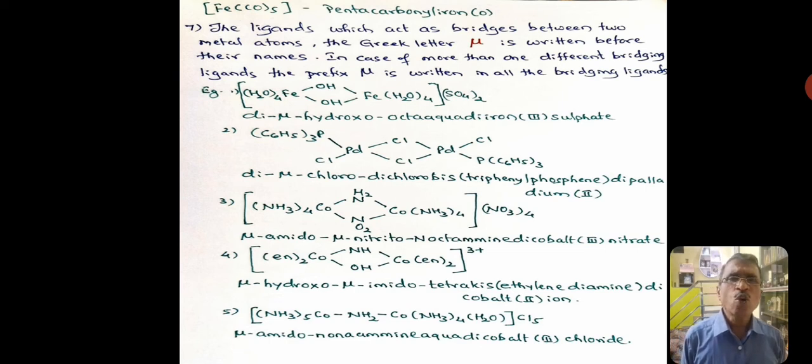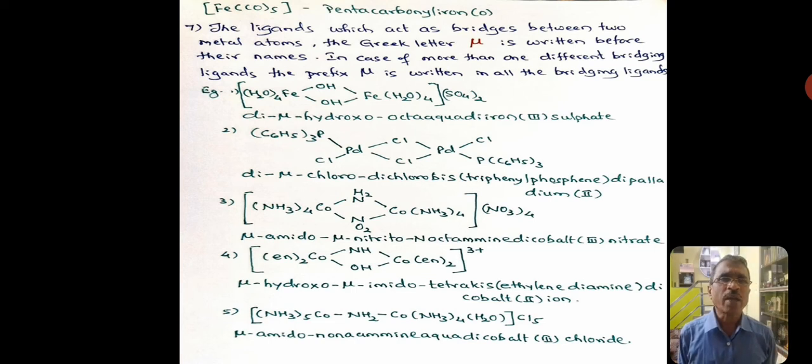So, here 2 cobalt, totally hexamine, the octamine, and this. Here, for every bridging ligand, you have to use the word mu. So, this NH2 group is called amido group. Hence, it is known as mu amido, mu nitrito, and octamine dicobalt 3 nitrate.